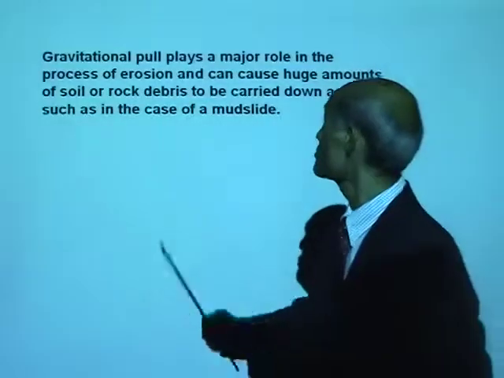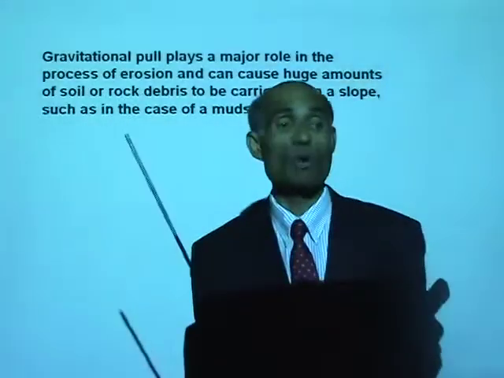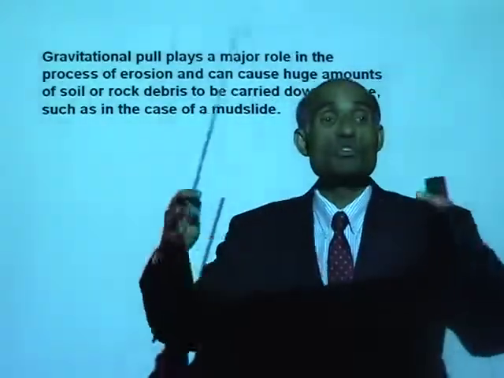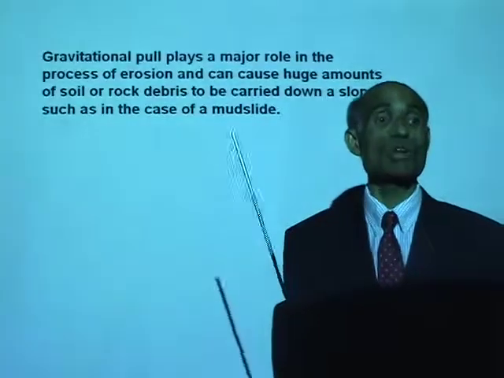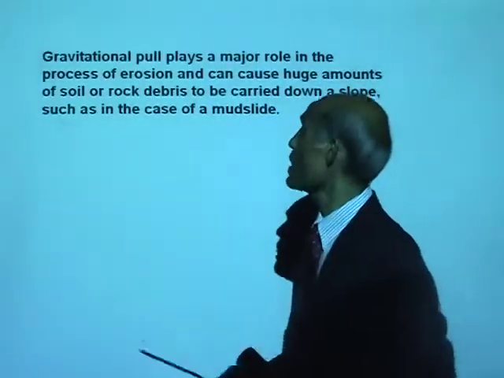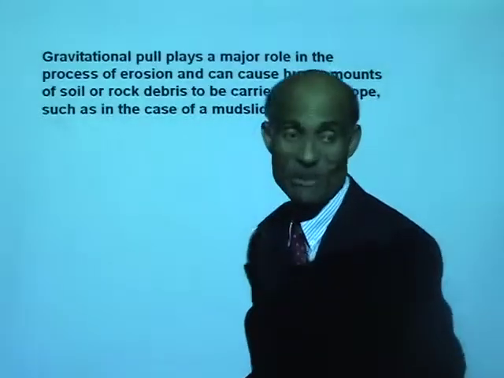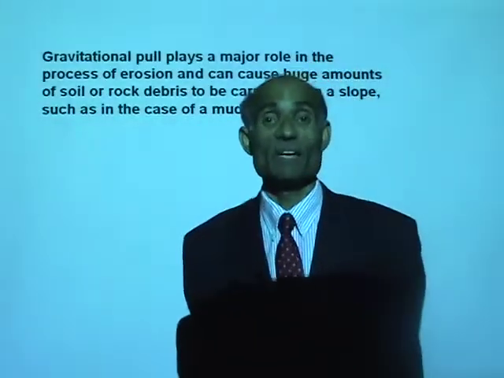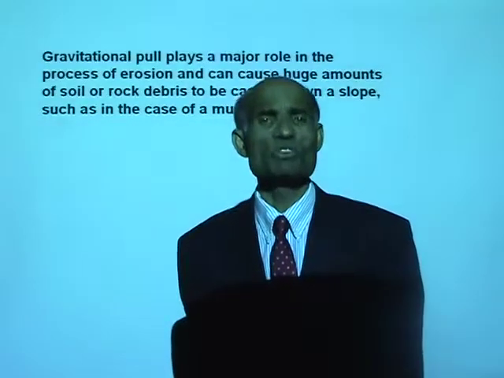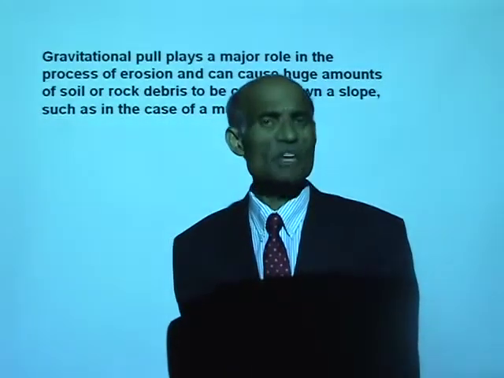Now, gravitational pull plays a major role in the process of erosion and can cause huge amounts of soil or rock debris to be carried down a slope, such as the case of a mudslide. Even today, there was news about a great big mudslide. Was it in San Diego? Yes, I think so.